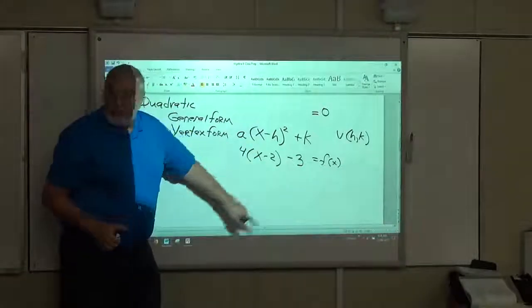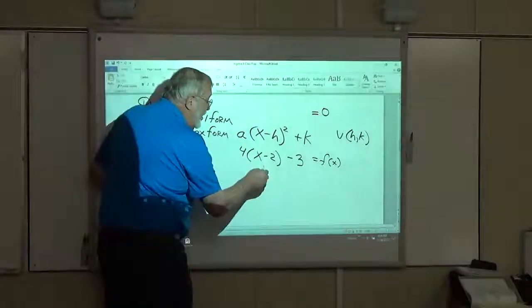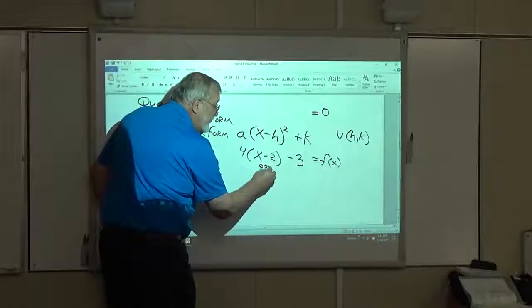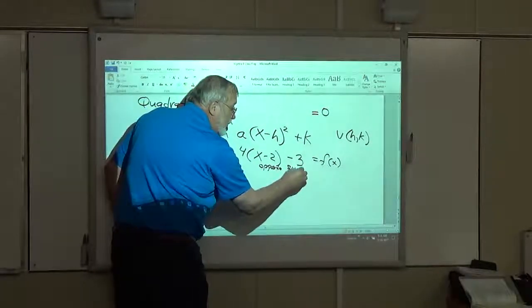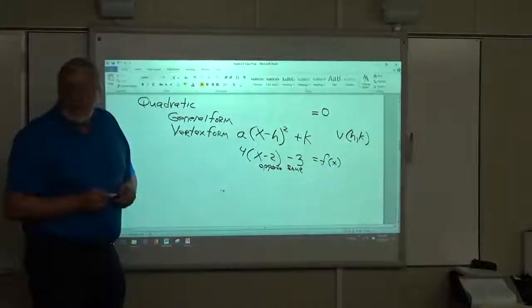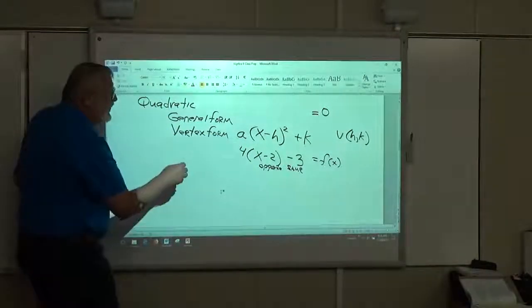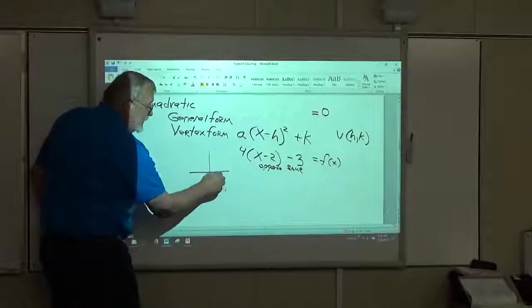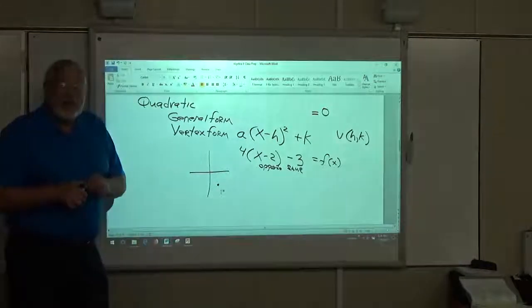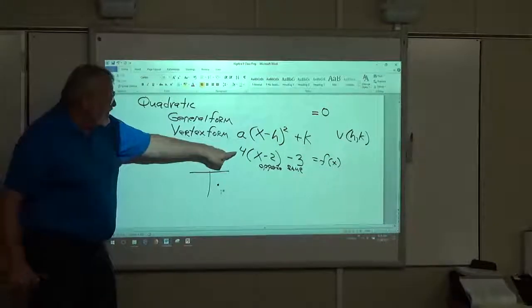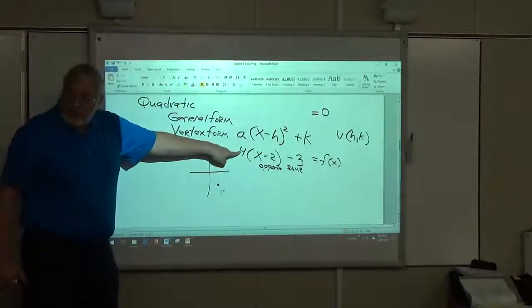2, negative 3. It is the opposite of this, and it's the same number that's here. So the vertex is at (2, -3), which is down here. Now, if it were a parent graph, this number would be 1.